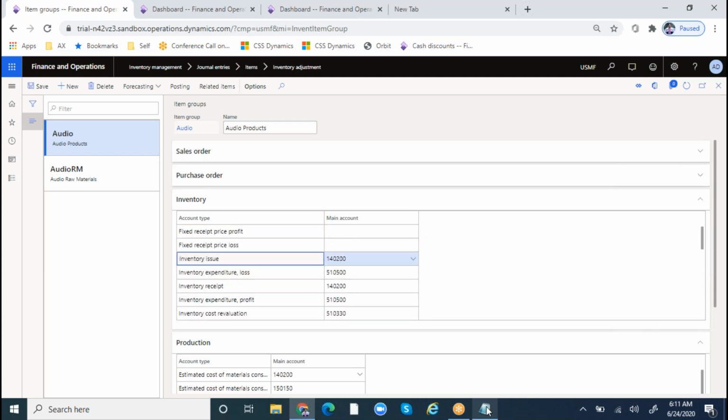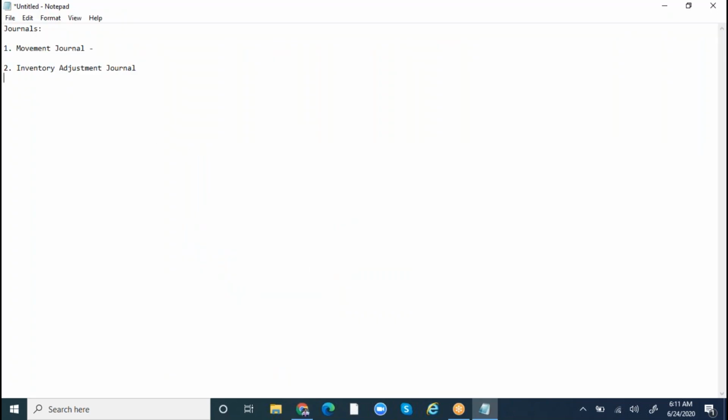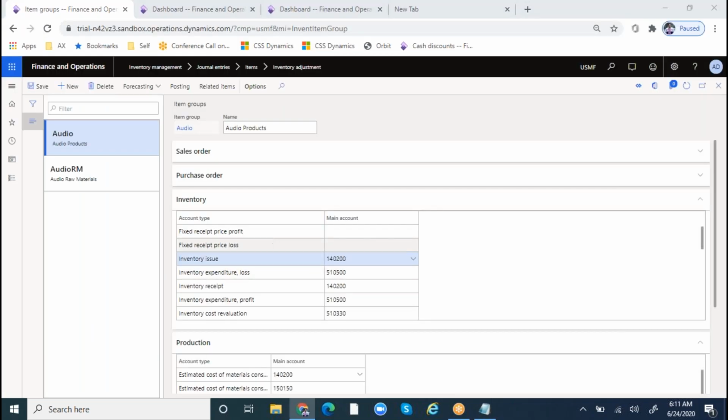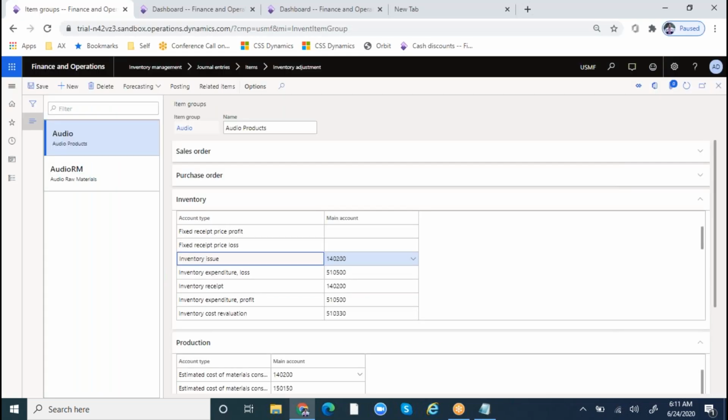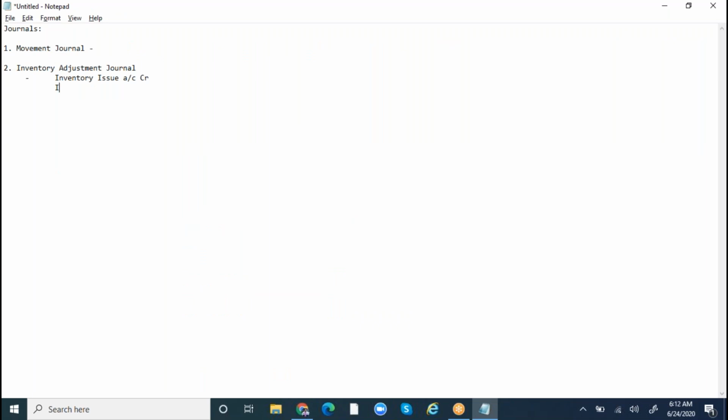So okay, here if you are decreasing the value, that is minus, then the inventory value will be decreased. The inventory ledger account, here the inventory issue, actual name, inventory issue account credit, and purchase inventory expenditure loss, inventory expenditure account debit. So this is the 1 series and this is the 5 series.